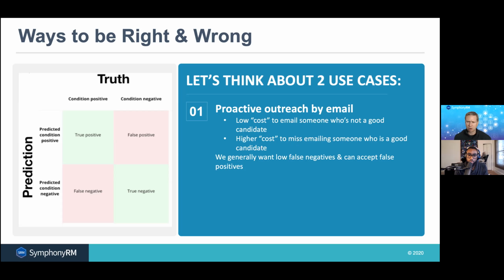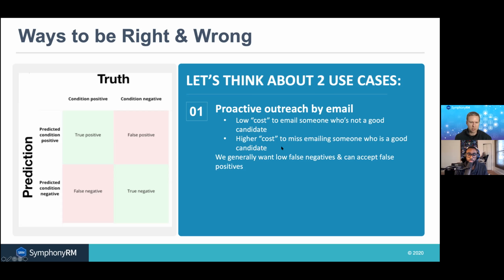So not a lot of harm done by that, but there would be a higher cost if we missed candidates who really do have a higher risk. We'd want them to know about these services and have these options. So in this case, we could say we generally want low false negatives. We don't want to miss those good candidates, and we could accept false positives. It's okay to email people who aren't the highest risk.